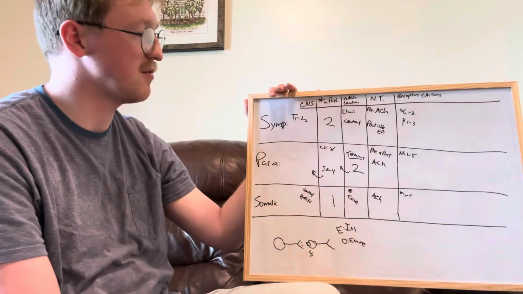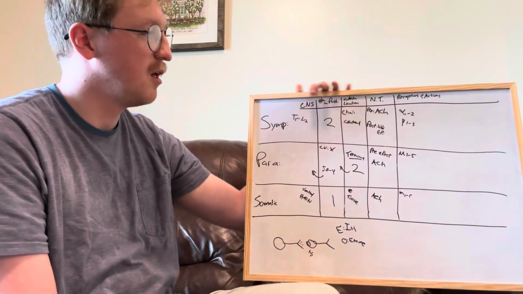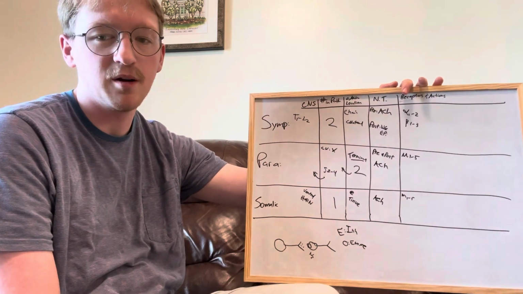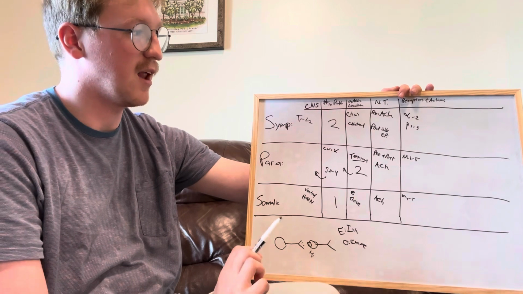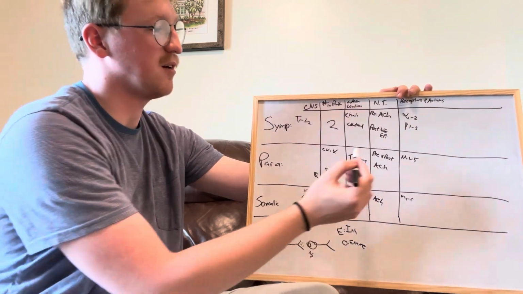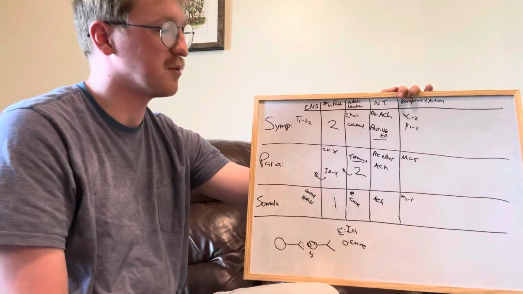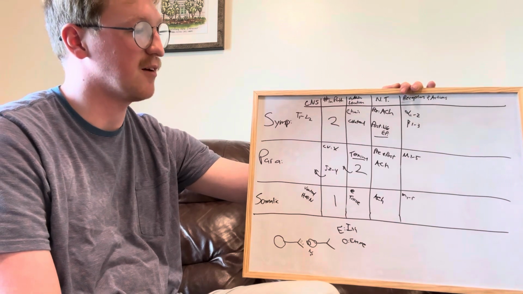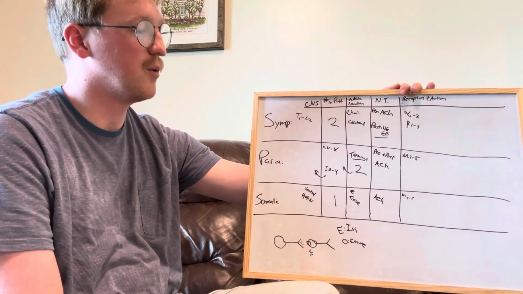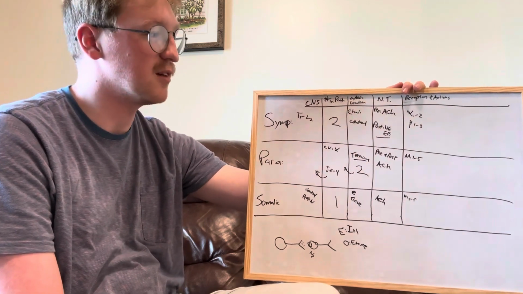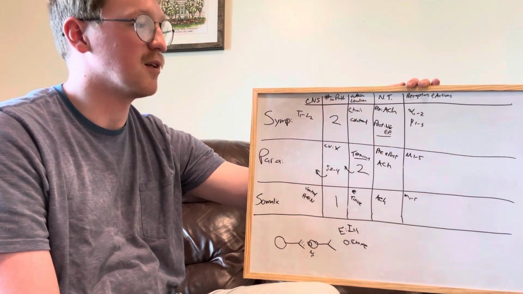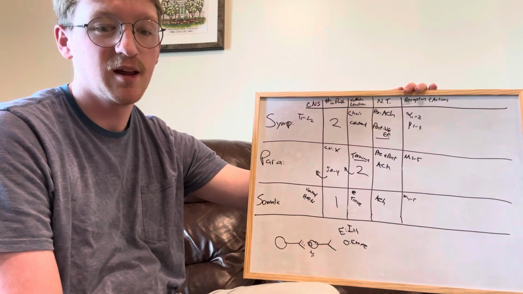So in the case of the sympathetic nervous system, the alpha-1 receptor is adrenergic. That adrenergic receptor is because of what is released at the postsynaptic cleft. When epinephrine and norepinephrine are released, then it is considered adrenergic.